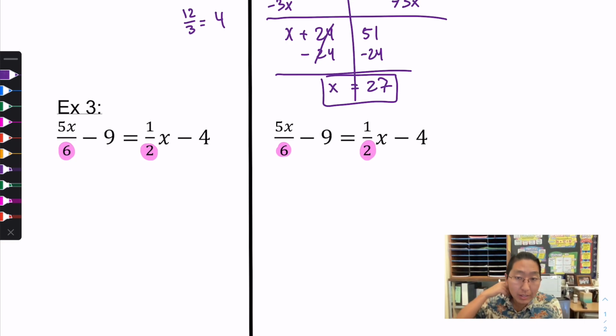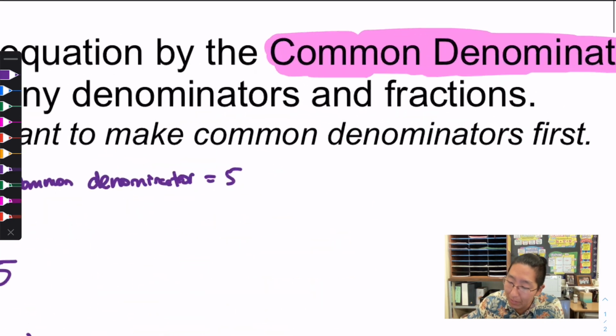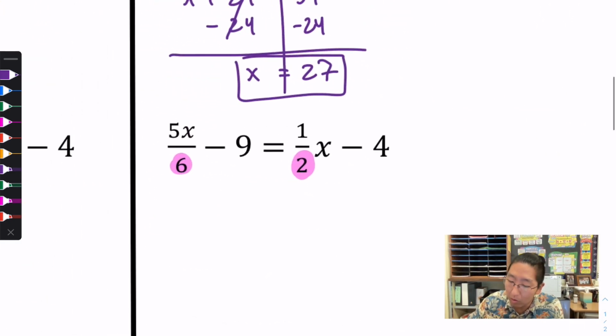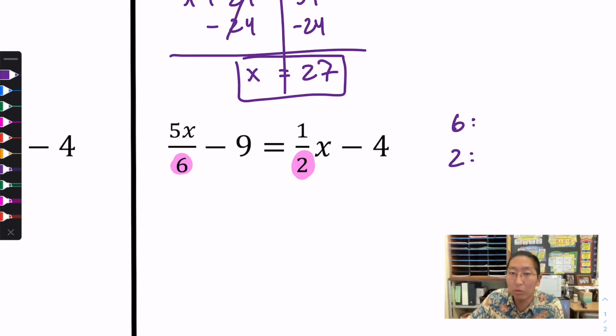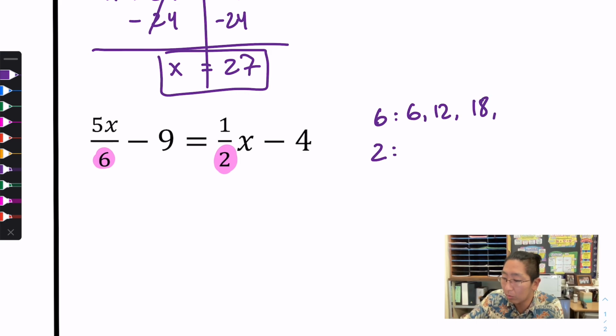To find the common denominator, we're going to list out all the multiples of 6 and 2. Multiples of 6 are 6, 12, 18, 24. So I'm multiplying 6 times 1, 6 times 2, 6 times 3, 6 times 4, 6 times 5, 6 times 6. That should be a pretty good list.